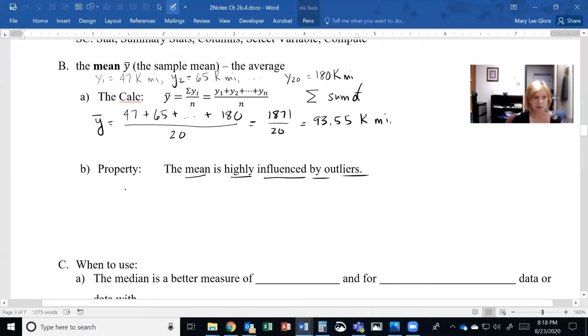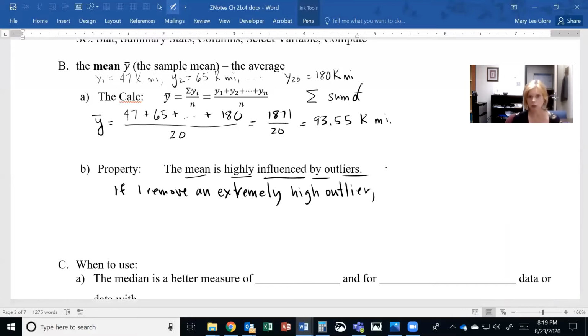So if I have an extreme outlier and I remove it, for instance an extremely high outlier, my values are going to be a little bit lower than they were before.